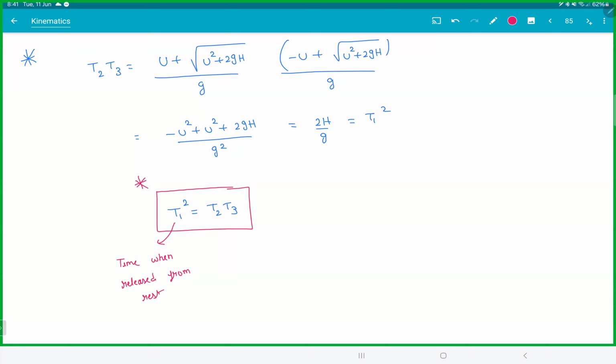And this is independent of speed. You throw with any speed, this formula is valid. You have to throw up and down with the same speed though. This is independent of u and h. No matter how tall the building, no matter what speed you throw, this condition will always be satisfied.